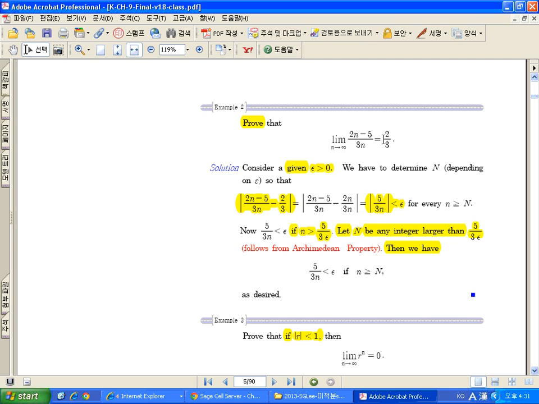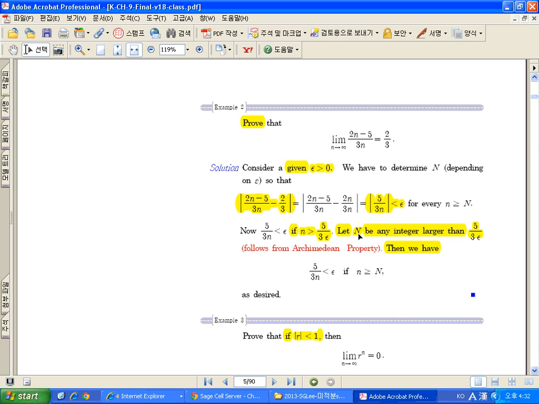This expression minus 2 over 3, in absolute value, can be written as the absolute value of 5 over 3n. How do we choose the capital N from here? We just change this n and epsilon like this. If this is satisfied, we can easily find this relationship.